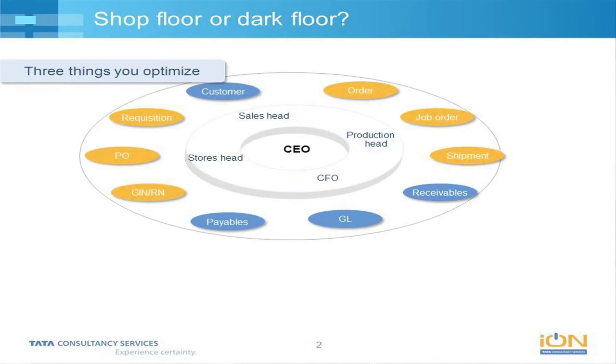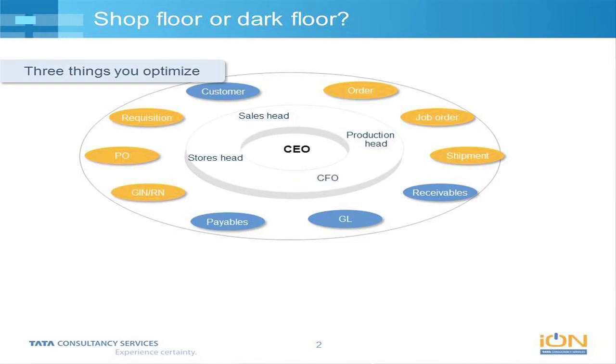A very simplistic view of an organization which is running a manufacturing unit or multiple manufacturing units. If you look at the entire value chain in this diagram, on the right side we have the order to cash cycle. That is the process which starts with receiving orders and eventually translating that into sales and collecting the cash flow.